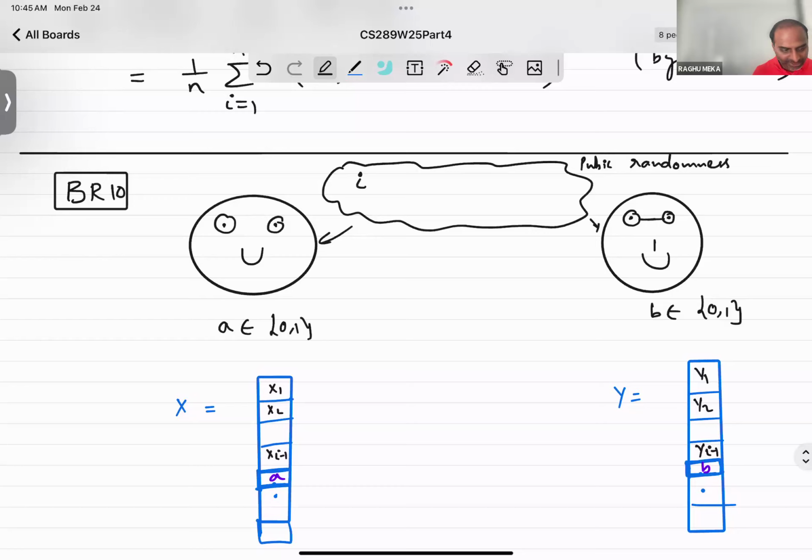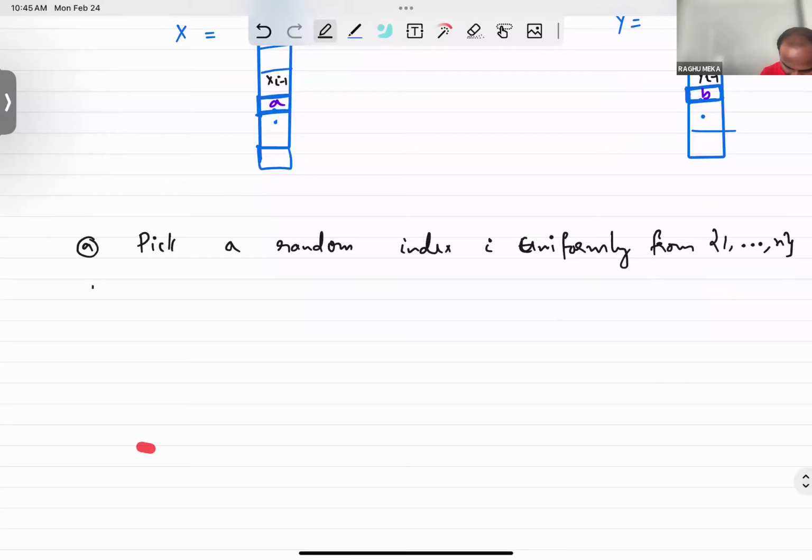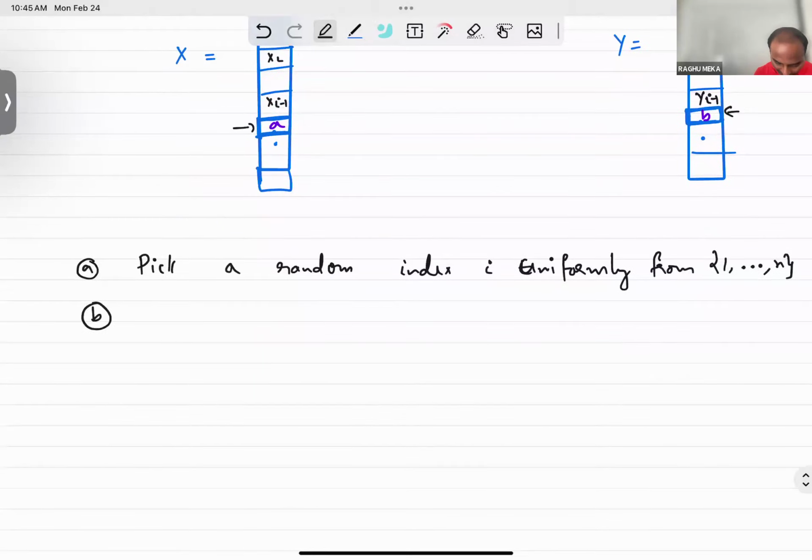Then we're saying the index I is here. They could also exchange it, but just assume it's known. And just as before, their idea is to plant A and B here. Like, set xi equals A, yi equals B.